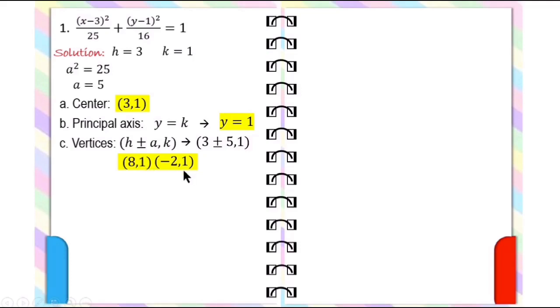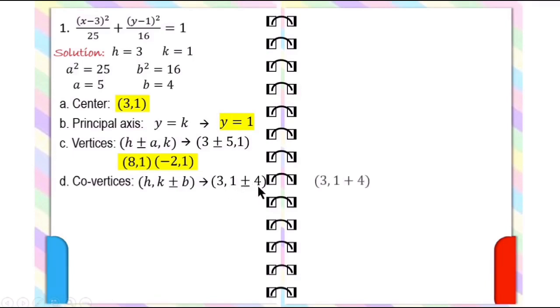On the other hand, the co-vertices are (h, k plus and minus b). First, solve for b. If b squared is equal to 16, b is equal to 4. Square root of 16 is 4. So we have (3, 1 plus and minus 4).